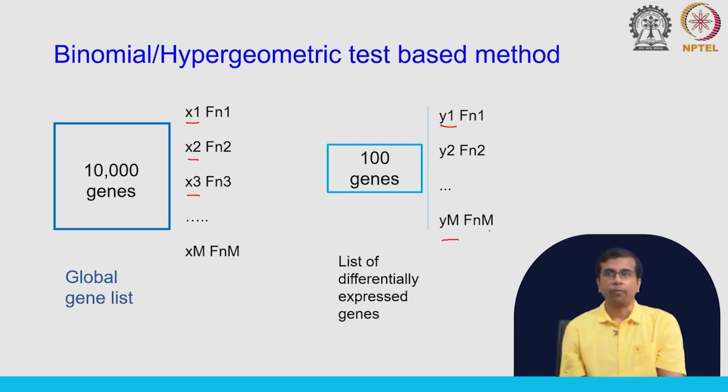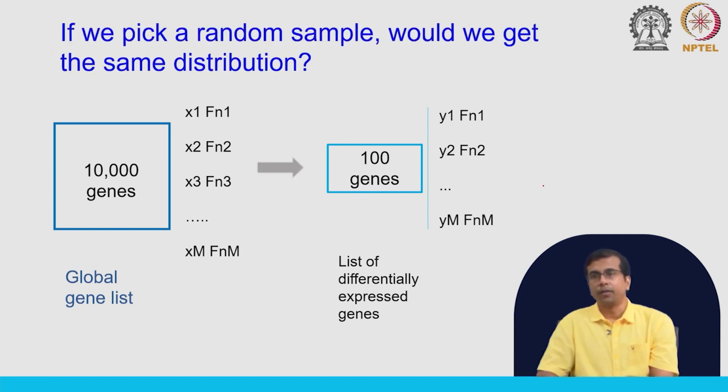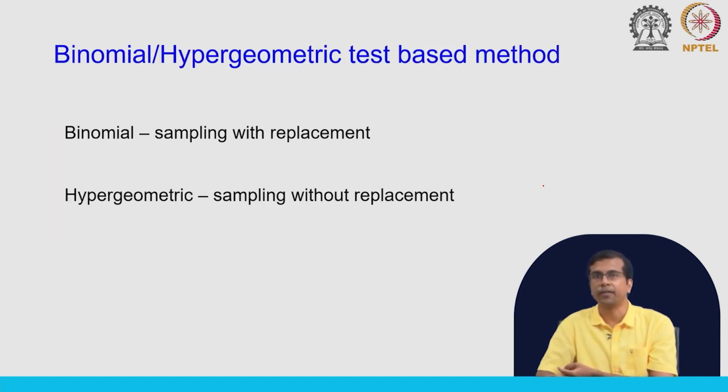Once we have seen this, the question is: is there an enrichment for a specific function, or is it just a random sample that we will get? So, the question is would we get the same distribution, y1, y2, ym, if we just pick a random sample from this global gene list. This will tell us whether there is an enrichment in the list.